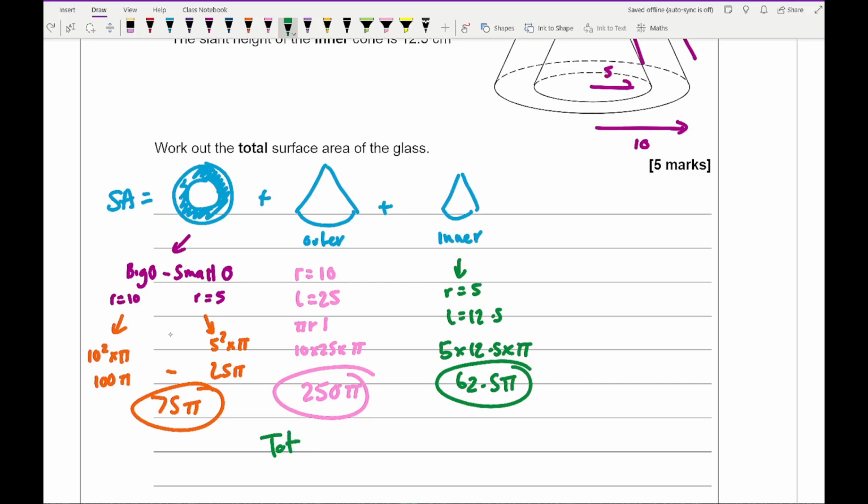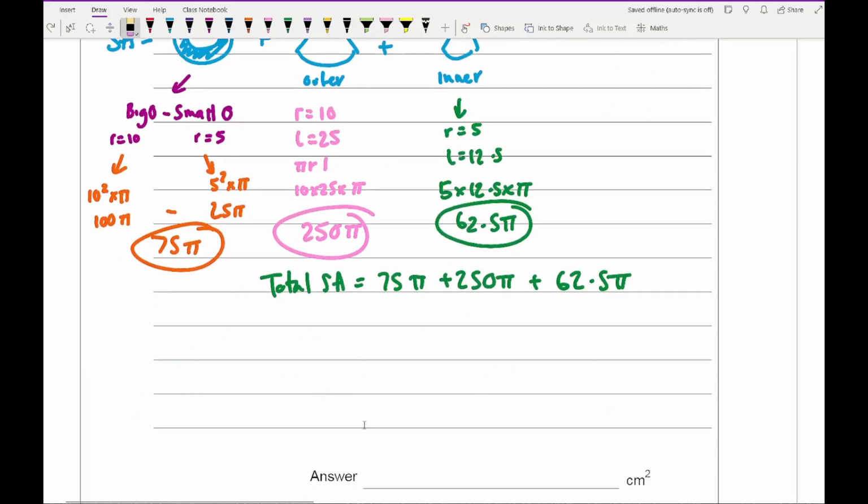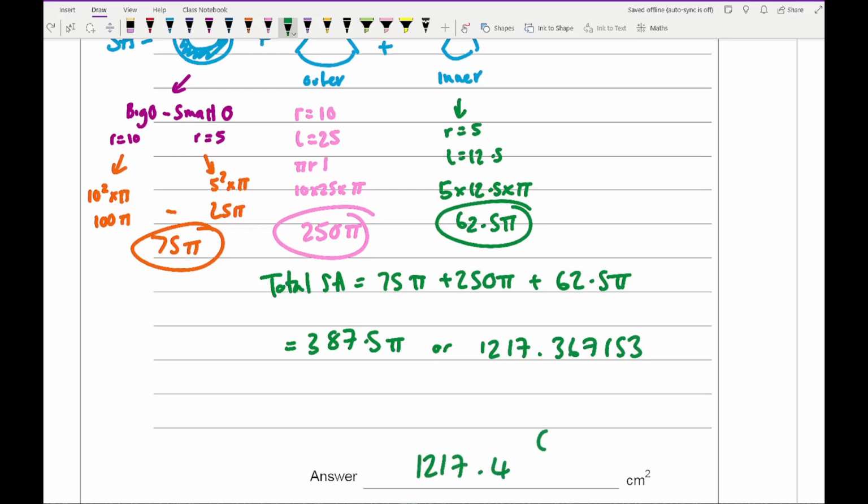So then the total surface area is where I add up all of those numbers, and then writing your answer in terms of pi is going to be 387.5 pi, or I can write it as a decimal, which is 1217.367153. So I'm just going to write 1217.4, and that's to one decimal place.